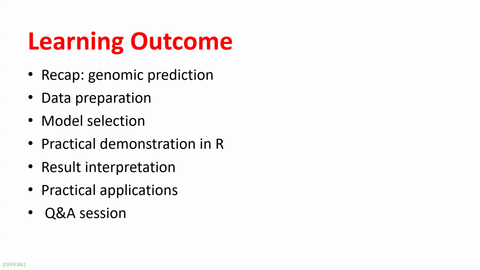Because if you remember last time, we talked about the fact that your data is very important, how clean they are, both genotype and phenotype, and model selection, depending on the traits, could affect your accuracy. And then we'll see the demonstration in R. We'll look at the results, how they are interpreted, and how you use those results, for example, genome selection.